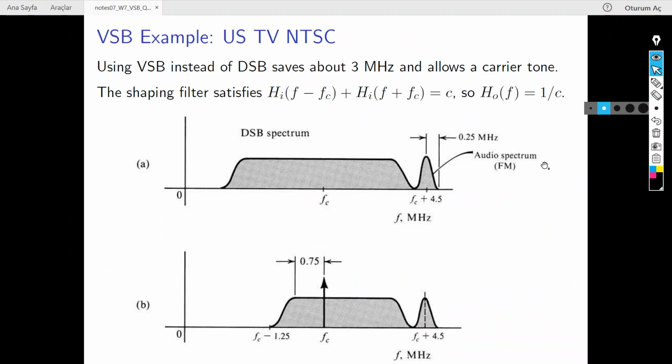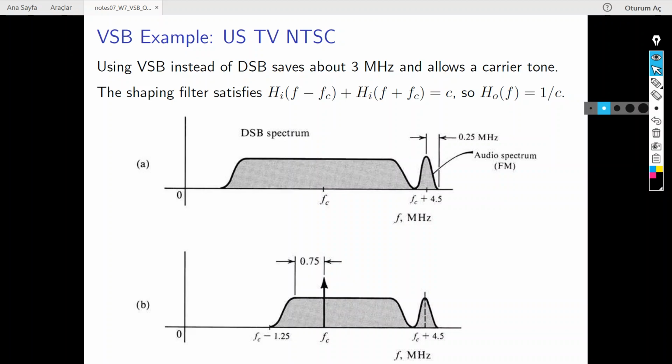So if you have understood vestigial sideband, double sideband and single sideband modulation, which are three of the most fundamental and basic analog modulation schemes in communication systems, I expect you to be able to draw them in the frequency domain: the modulated signal, the demodulated signal, and the signal after filtering, in time and frequency.